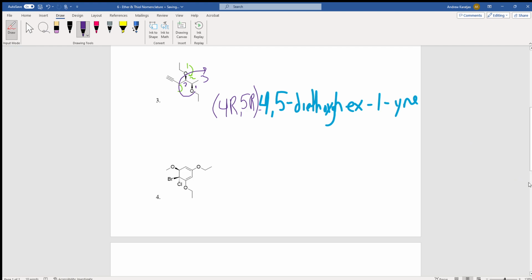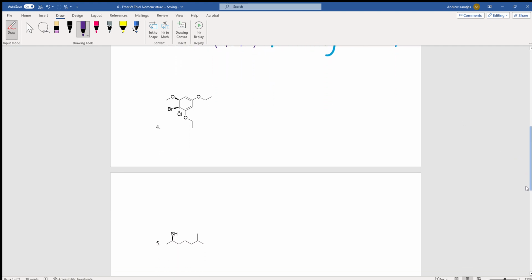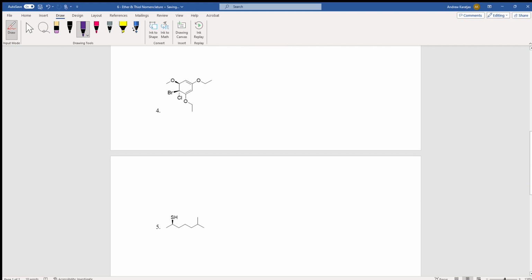All right, our next structure may be a little bit more complicated. Again, these various ether groups are just going to be substituents. So where we number this is going to be based on the alkenes again. And that means we can start either here and go to the right, because that'll give us 1 and 3 for our alkenes, or start there and go counterclockwise.